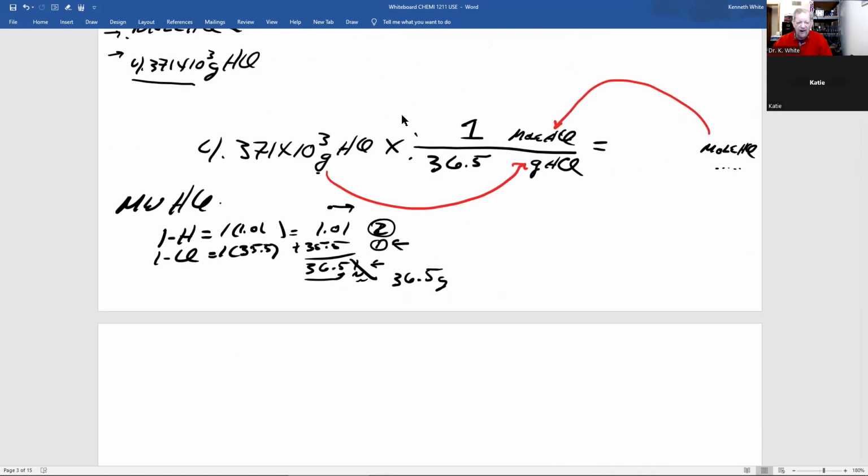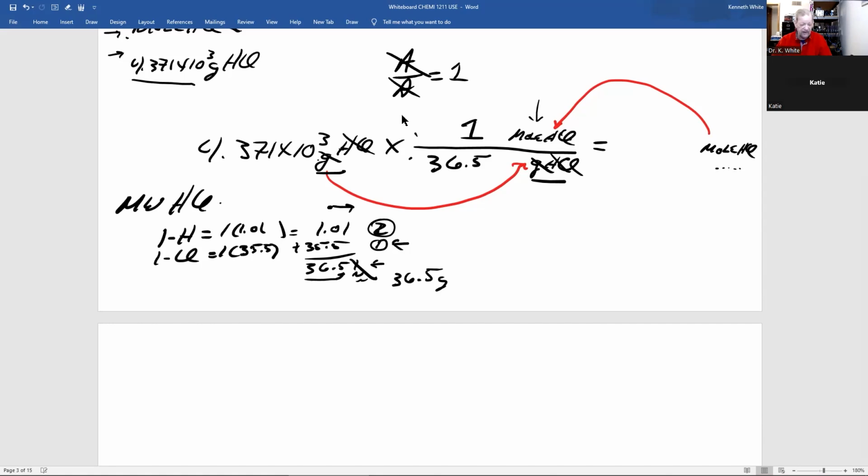Notice we have grams of HCl divided by grams of HCl. Anything divided by itself becomes the number 1, cancels out. This cancels out. What am I left with? Moles of HCl. That's what we want. We're on the right track.